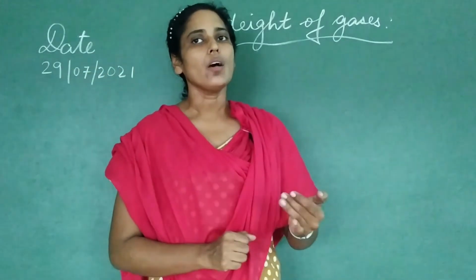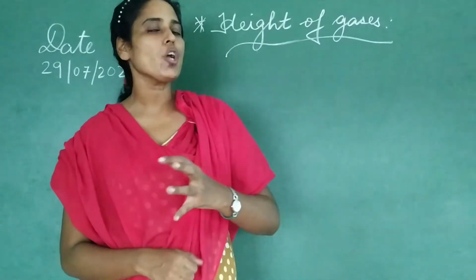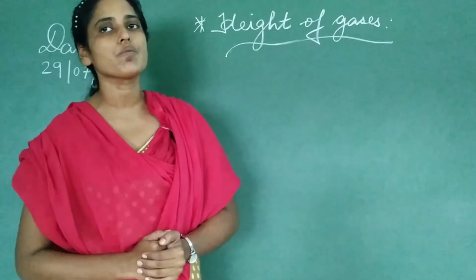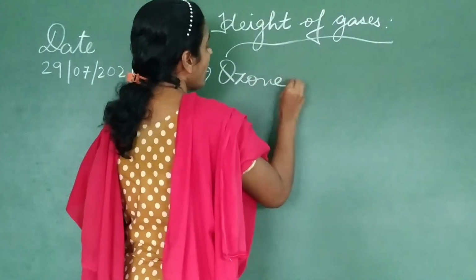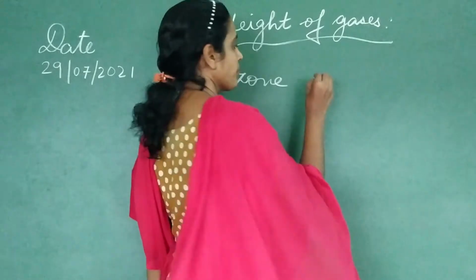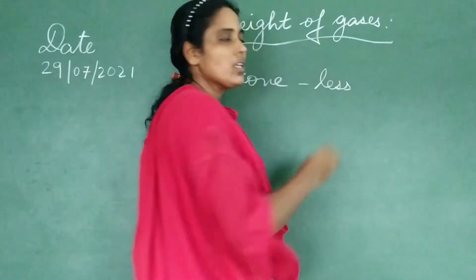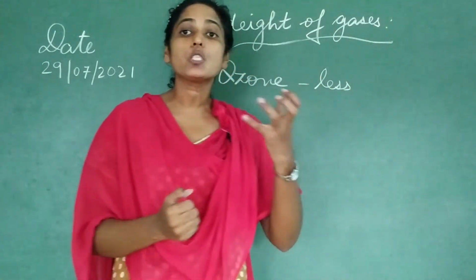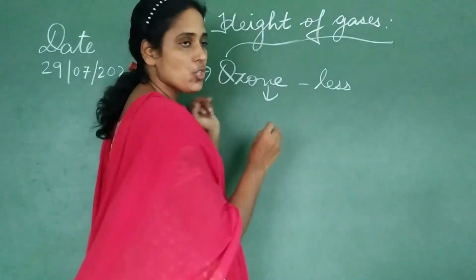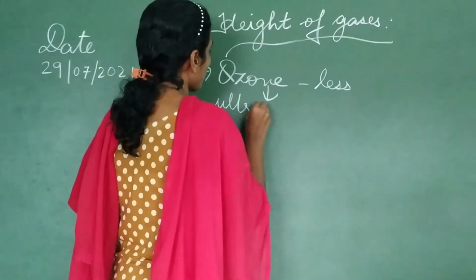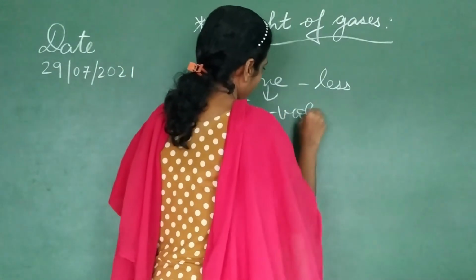Now, the ratio of ozone gas in the atmosphere is also very less. Which one, students? Ozone gas is also very less in the atmosphere. Why? Because this gas absorbs the ultraviolet rays of the sun.